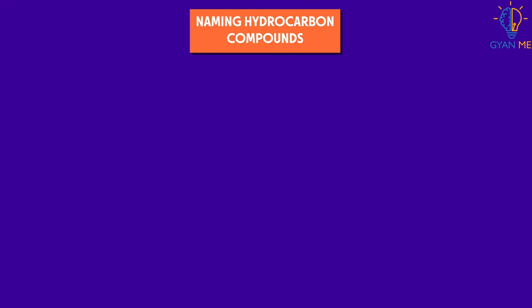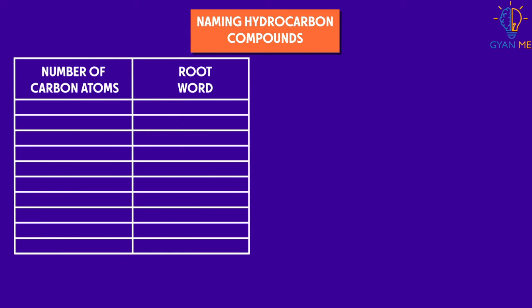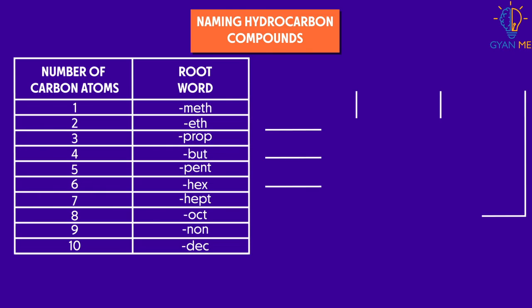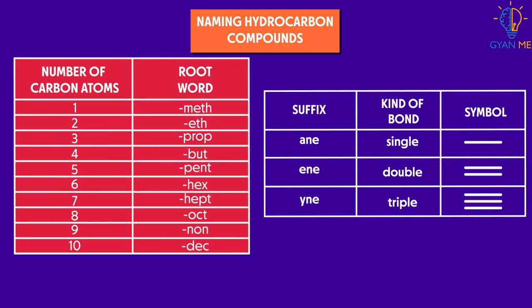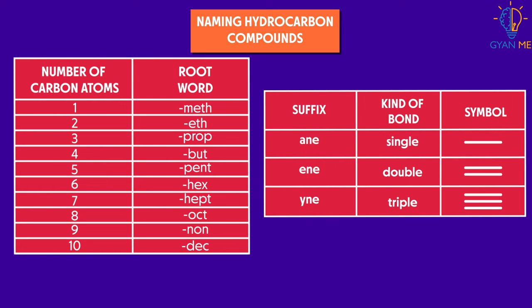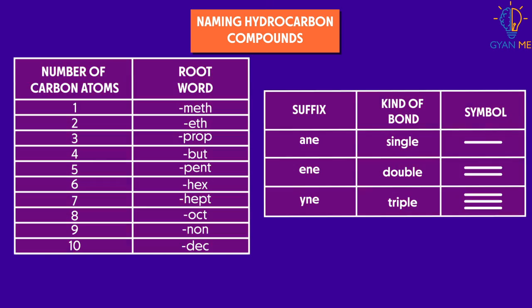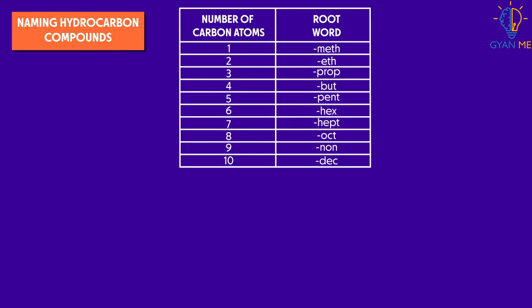You already know that when naming any hydrocarbon compound, we use the root word and the suffix. The root word depends on the number of carbons present in the hydrocarbon chain and the suffix on the type of bond. For example, if a hydrocarbon contains one carbon, its name will have the root meth.